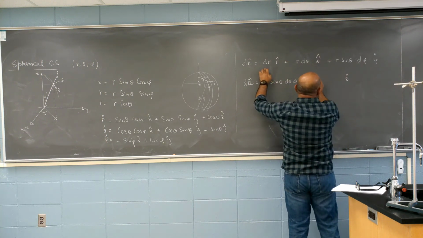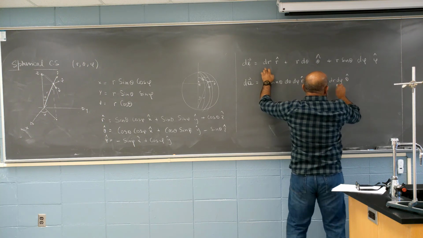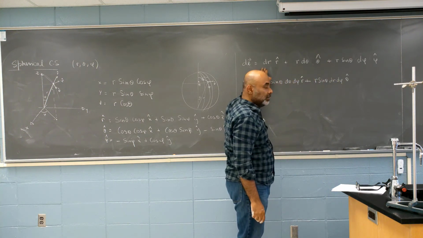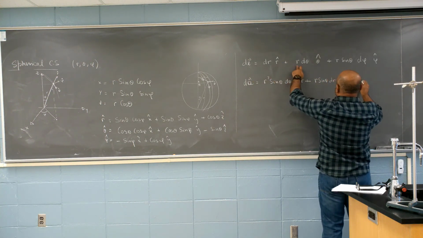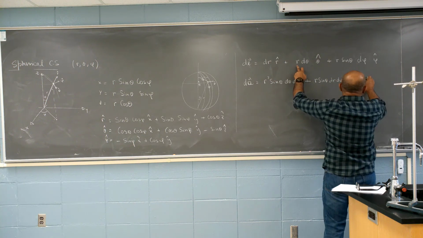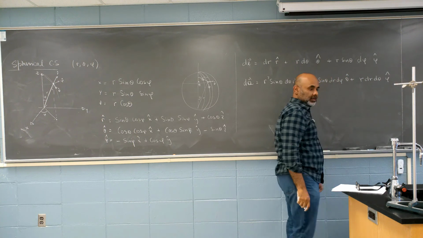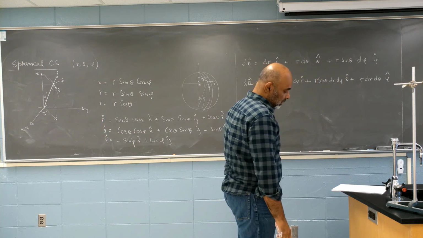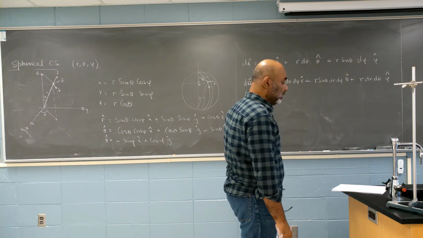What do I have? R sine theta dr d phi. Correct? And for my phi hat, what do I have? R dr d theta. R squared sine theta d theta d phi, R sine theta dr d phi, R dr d theta. Yeah?